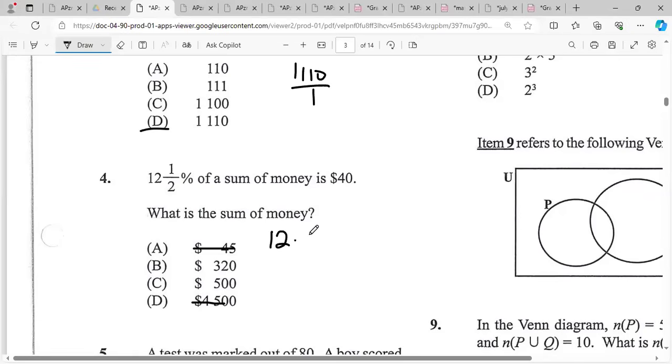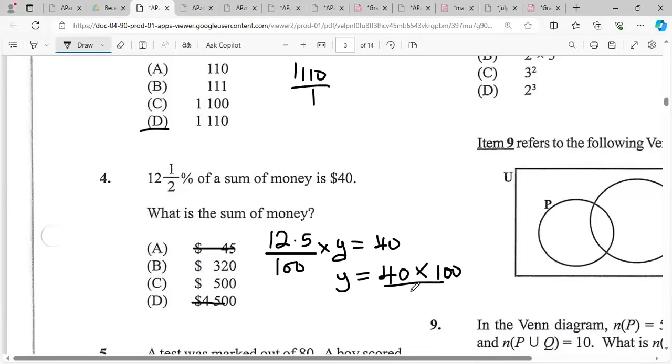So 12.5 over 100. We don't know what the number is, right? We call the number y. And that must give you 40. So therefore, y is equal to 40 times 100 over the 12.5.